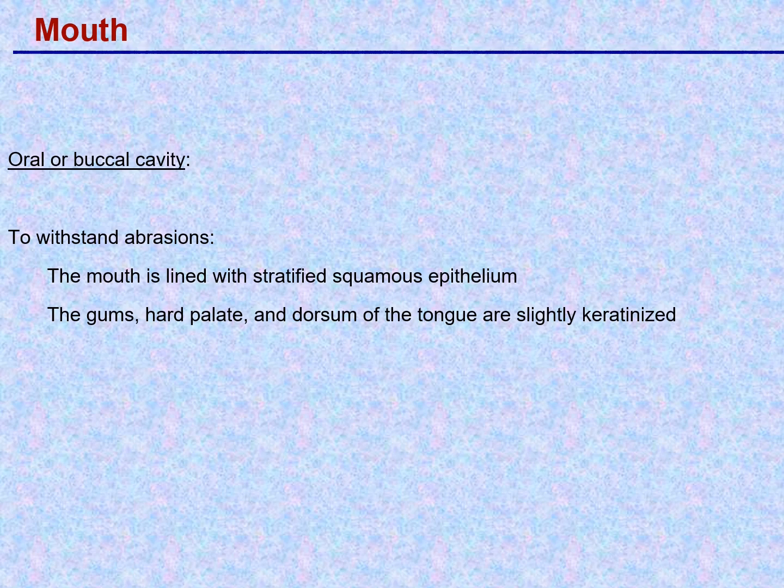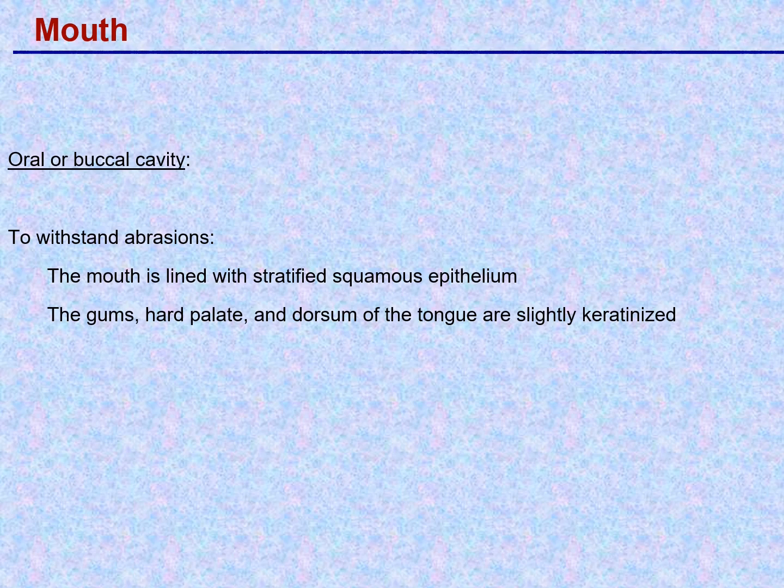So it's multiple layers, which means it's going to be called stratified. It has multiple layers, not a single simple epithelium. It's a stratified epithelium, and it is squamous. These are flat cells that get sloughed off. So the surface is constantly getting sloughed off, and new cells are replacing them from below.